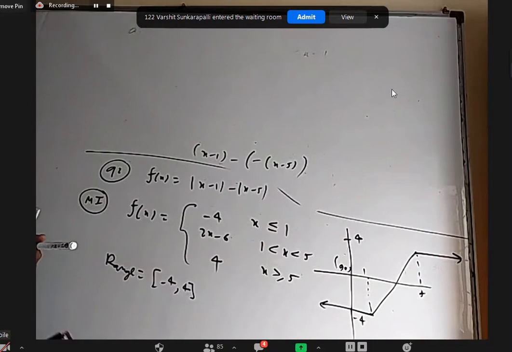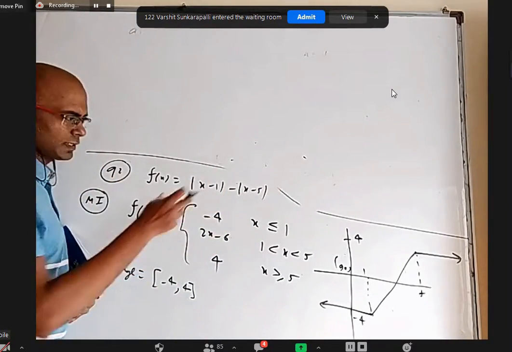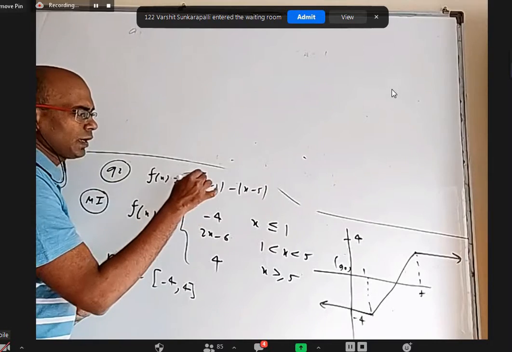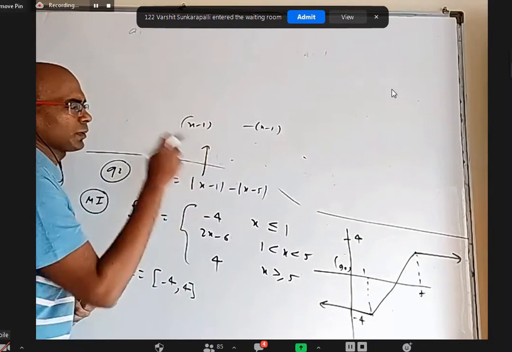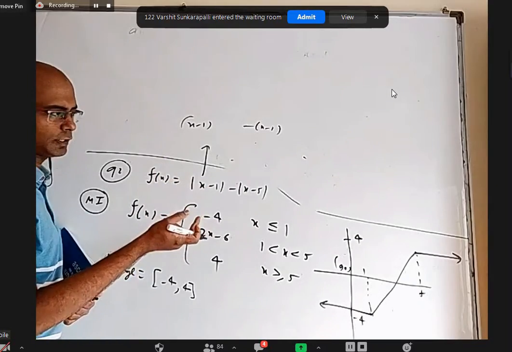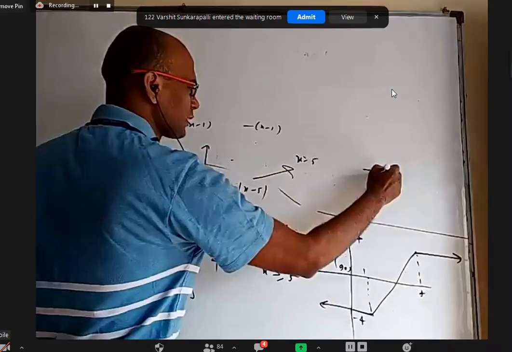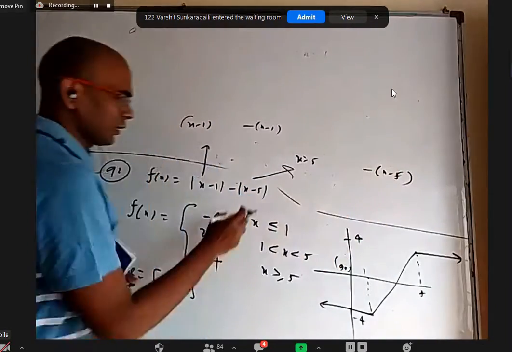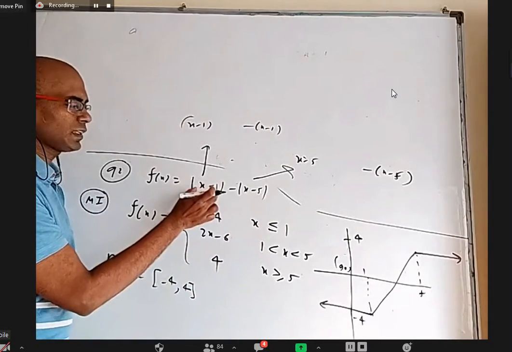Sir, once explain again, I did not understand. Earlier when we studied inequalities, we discussed this. Mod x minus 1, I can write x minus 1 or minus of x minus 1, depending on whether x minus 1 is positive or negative. Similarly, mod x minus 5, I can write x minus 5 or minus of x minus 5, depending on whether x minus 5 is positive or negative.